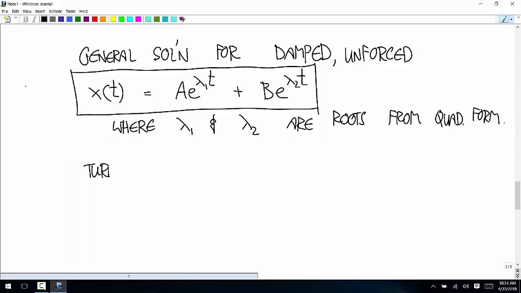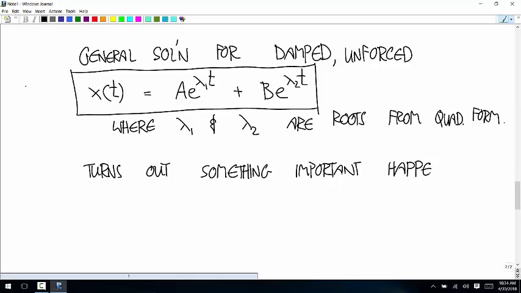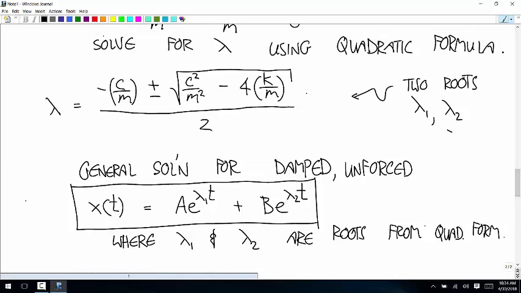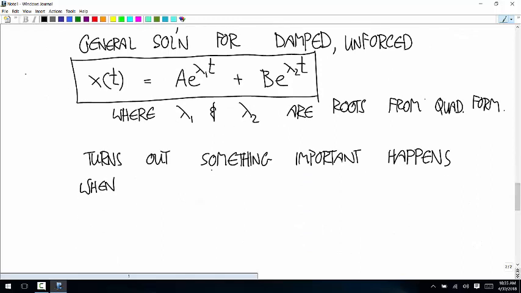But it turns out that something important happens when, anyone remember what the term is for the stuff inside the radical? Discriminant. So something important happens when the discriminant is equal to 0.